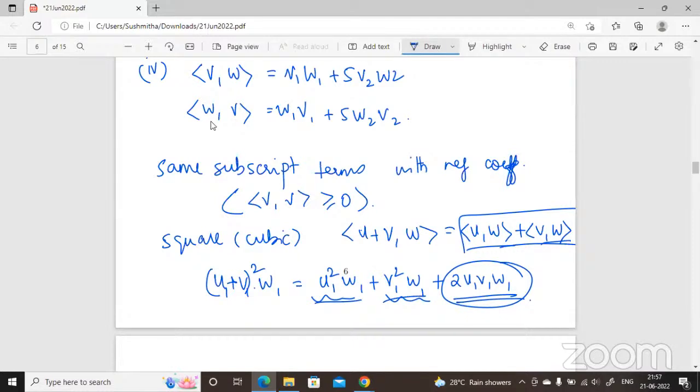Yes. So that is why when you have square or cubic terms, this condition will get disturbed. Is it clear?